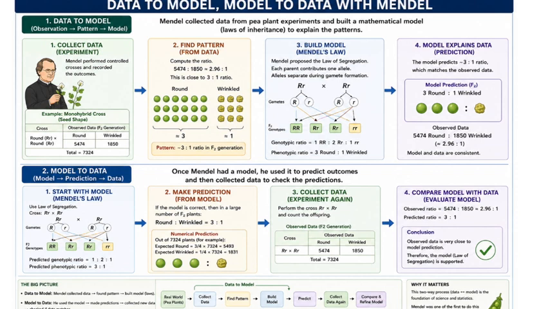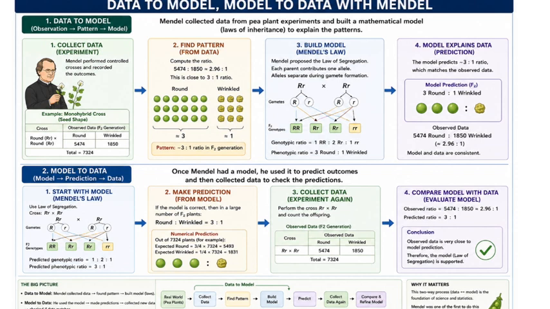For example, if we give experimental data where, suppose, 6,000 plants are there, 3,800 are tall and 2,200 are dwarf, this model predicts whether the data is in the proportion of a 3:1 ratio or not.